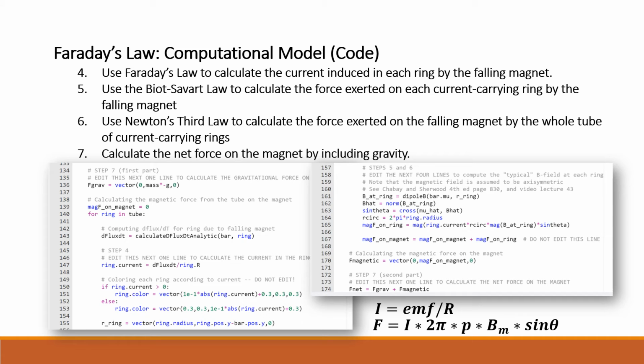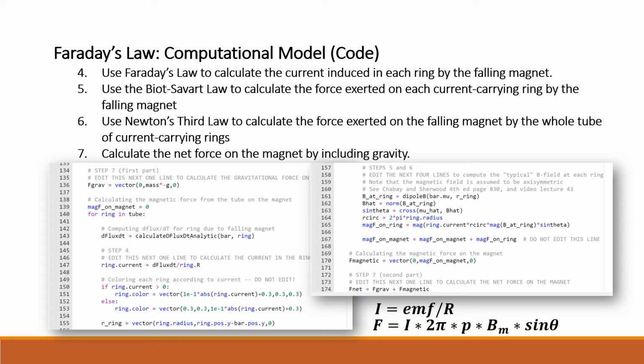So the force is going to be 90 minus that theta. So that is going to give us force sine theta, where sine theta is going to be the magnitude of the cross product between the dipole moment of the magnet and the magnetic field, which is listed at lines 161 through 165.